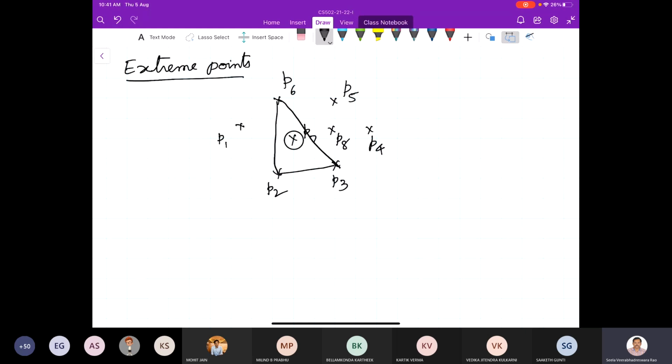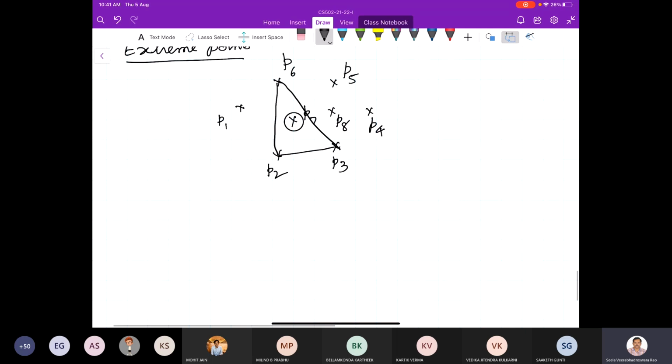So we use this observation. We consider all possible triangles and see if there is any point inside these triangles or not. If a point is inside a triangle, then you can simply remove it. That is a simple algorithm for removing all the interior points or non-extreme points.